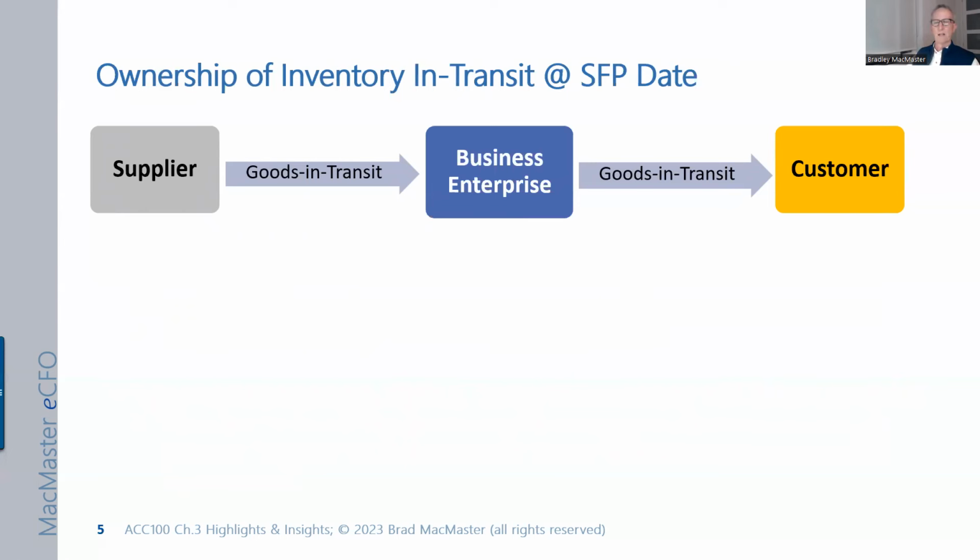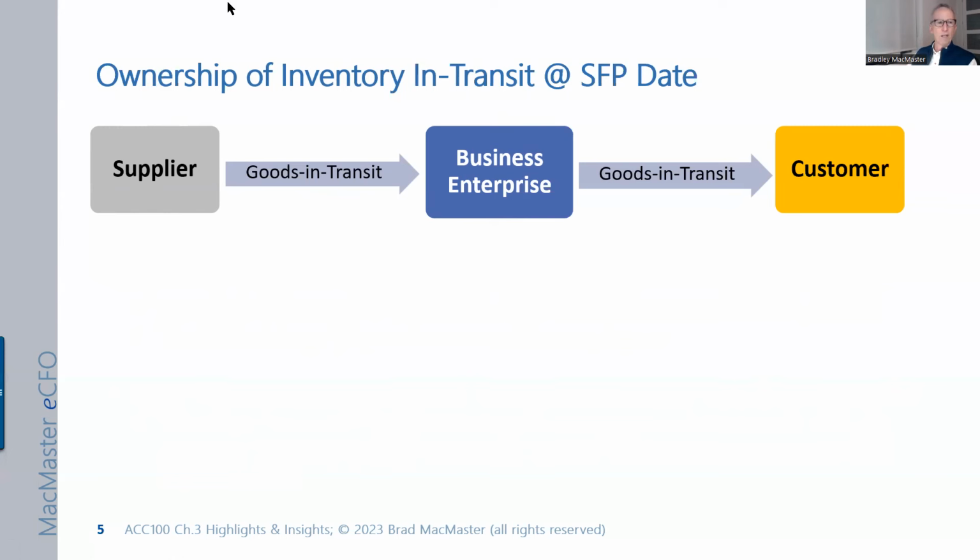So let's say that we're doing financial statements for February 28th. We could have ordered some goods from our supplier on the 27th or the 26th, and they may not have arrived yet, so they wouldn't be in our physical possession when we go to do the inventory count at the end of February.